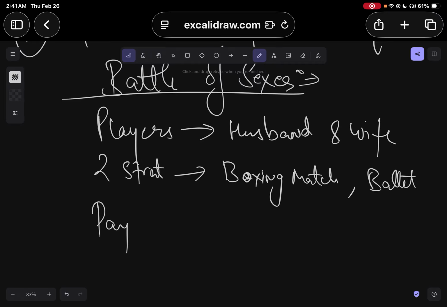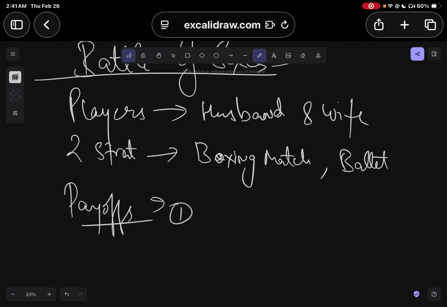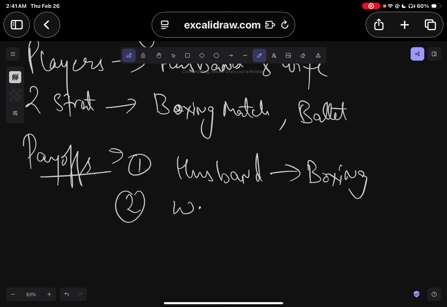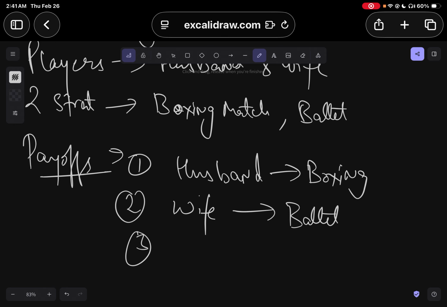Payoffs are: the husband likes going to the boxing match, so husband boxing. The wife likes going to ballet, so wife ballet. Both of them like living with each other to the extent that the payoff becomes zero if they are not with each other.